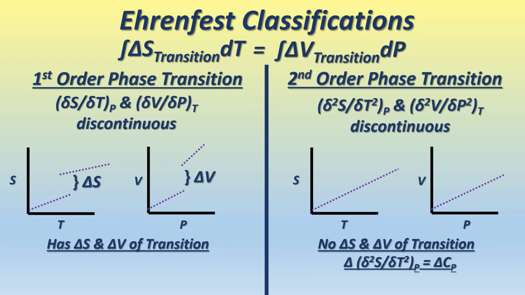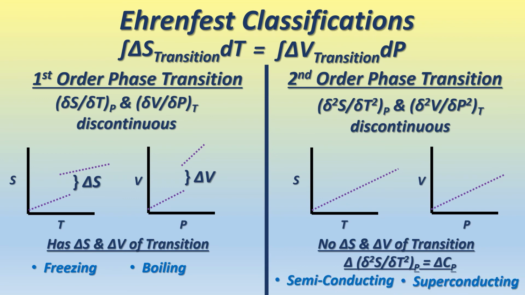So essentially, something that has a first-order transition has a change in volume and a change in entropy at the transition. Those would be transitions such as freezing or boiling. A second-order type of transition has no change in entropy or volume, but it does have a change in heat capacity. Those would be semiconducting transitions or superconducting transitions.